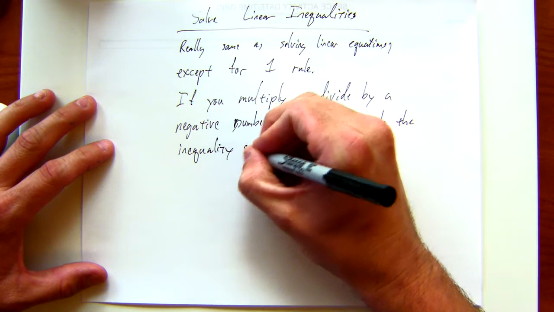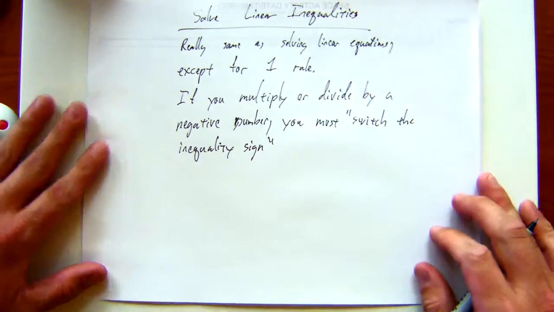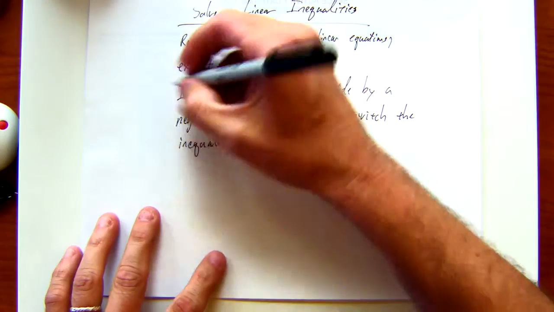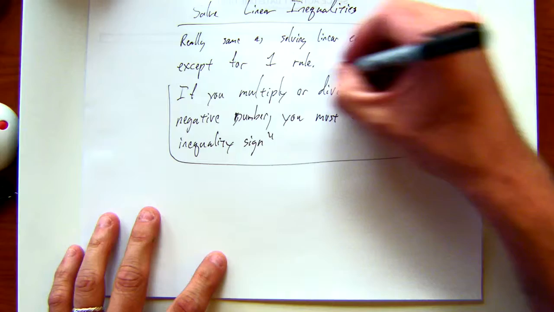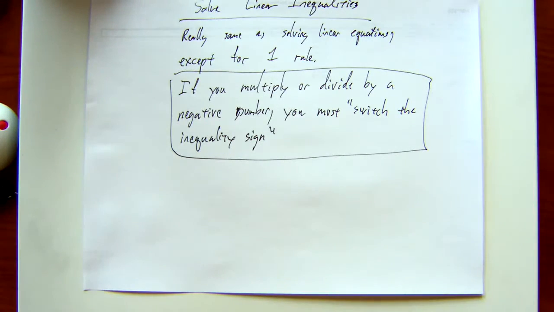You guys remember that? Or is it coming back to you now? Okay. So this is really the one thing we need to know about solving linear inequalities. And I'm just going to start doing some out of the book.